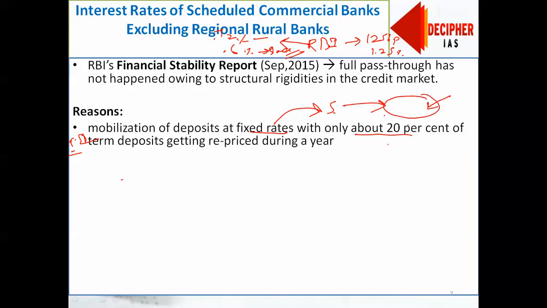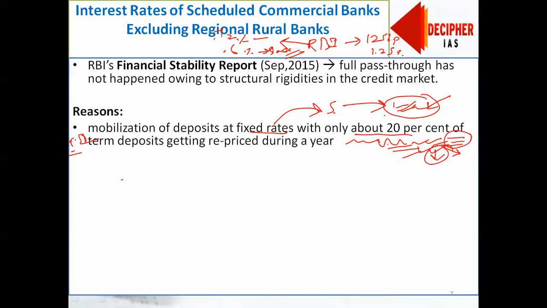So they have the compulsion to pay at this interest rate after 5 years. So it is not market based. That is, it doesn't vary with the ebbs and flows of the market. So banks have to sometimes take a loss, due to which they are not passing on the reduction in the policy rate completely.